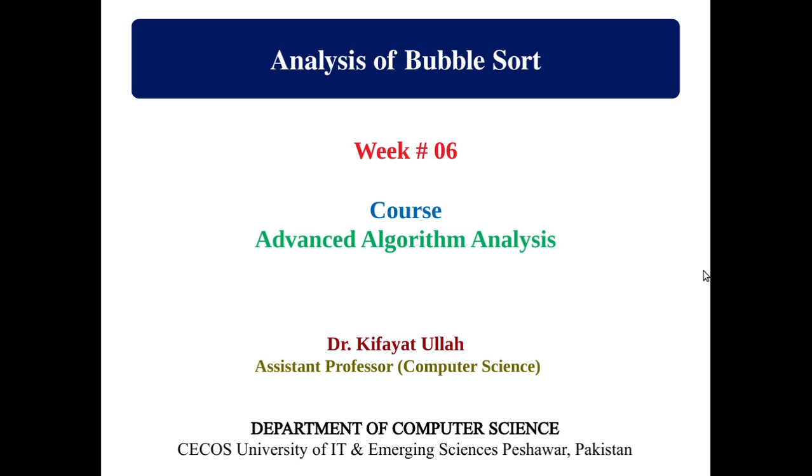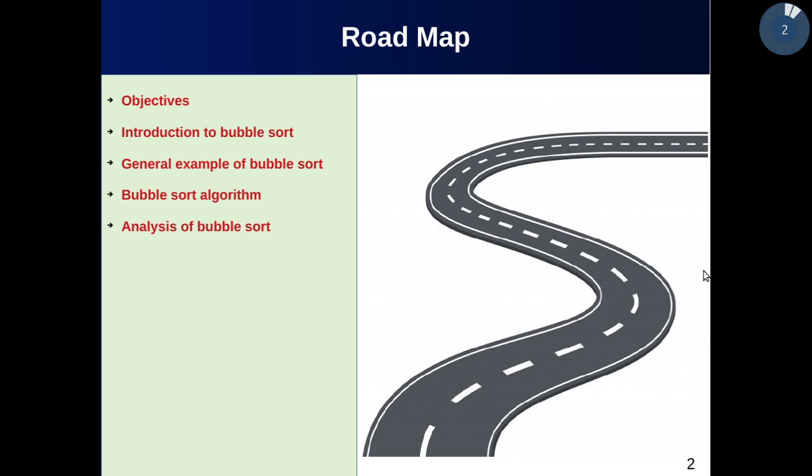In today's lecture, we will start the discussion, as usual, from the objectives, the outcomes, what you are expected to learn at the end of this lecture. And then we will start formally with the introduction to the bubble sort algorithm, the theoretical aspect of the algorithm, and some general examples of the bubble sort algorithm.